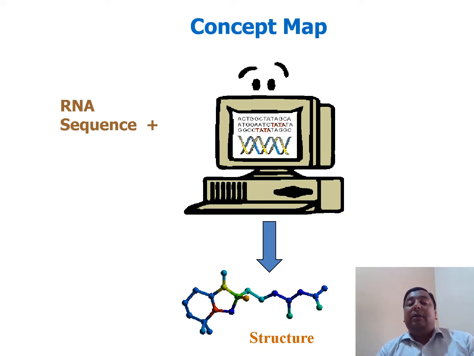And here the question is, what does the computer do? The computer has programs, software, and hardware, their physical appearance, and both hardware and software do some activities which generate the structures.